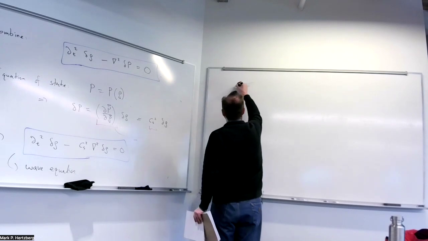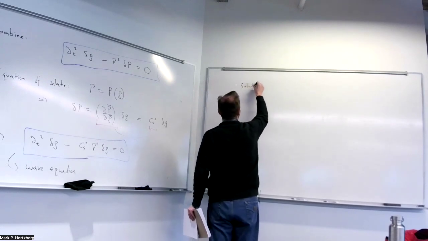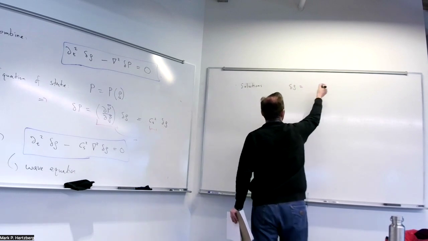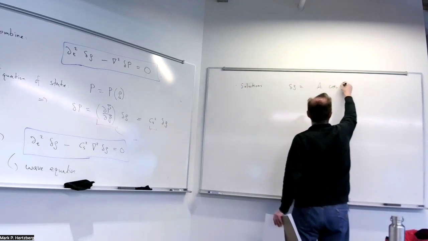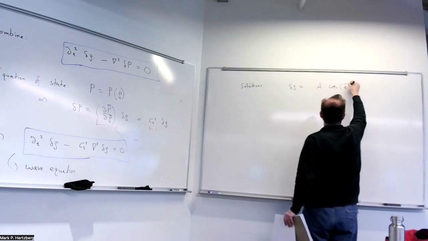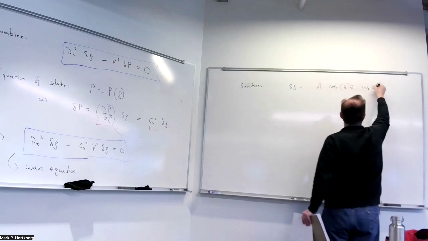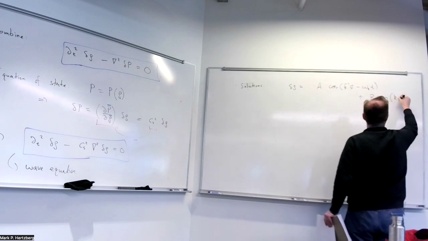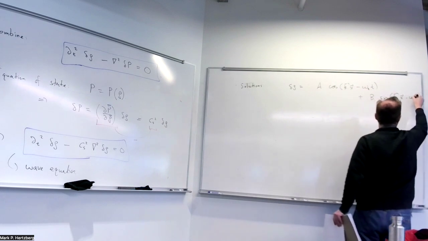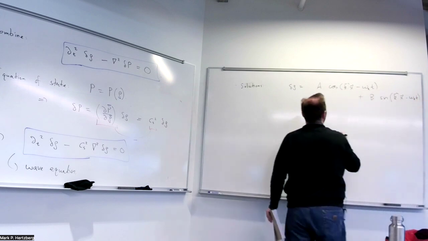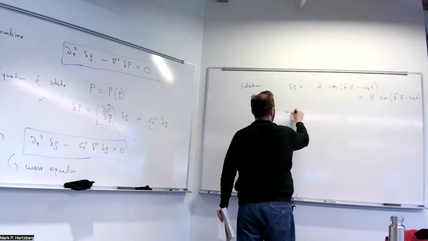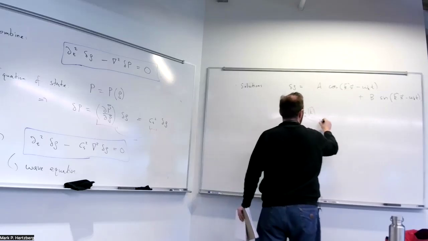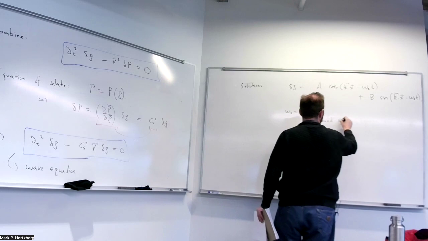We could state it like the following. We could just write out the solution delta rho as maybe a sum of cosines and sines, where omega_k is c_s k, the sound speed.